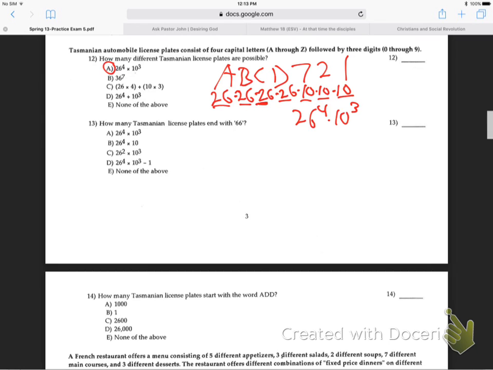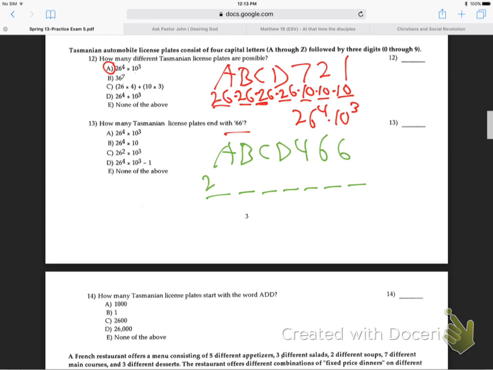It's A, huh? Number 13, how many Tasmanian license plates begin with 66, or end with 66? So let me do one, A, B, C, D, 4, 66. So I actually did one. Think back to my decisions and options.